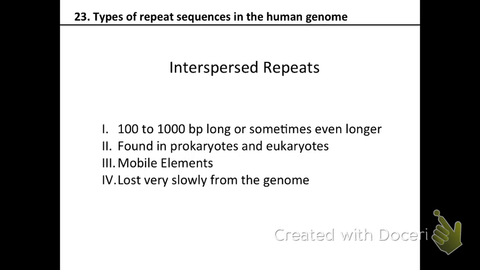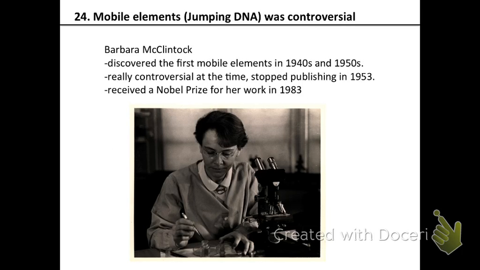So this idea of jumping DNA, going from place to place, transposons, was first put out by Barbara McClintock. She discovered the first mobile elements studying maize in the 40s and 50s, but it was very controversial at the time.